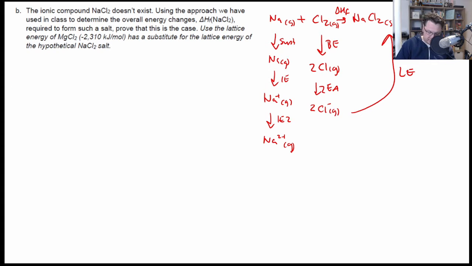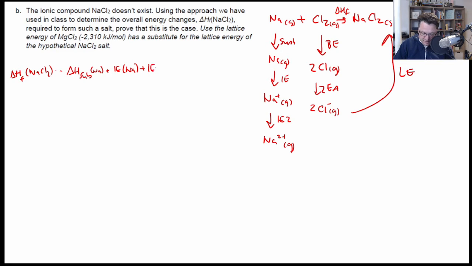So if we go through and add everything up, the general equation is that the delta H of formation of sodium dichloride is going to be equal to the delta H of sublimation for sodium, plus the first ionization energy of sodium.